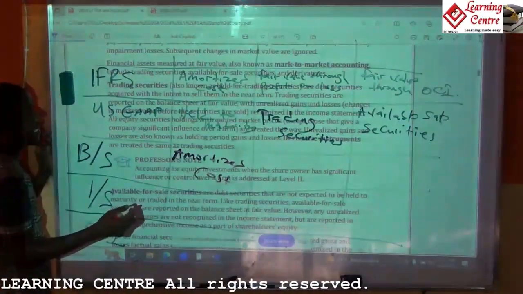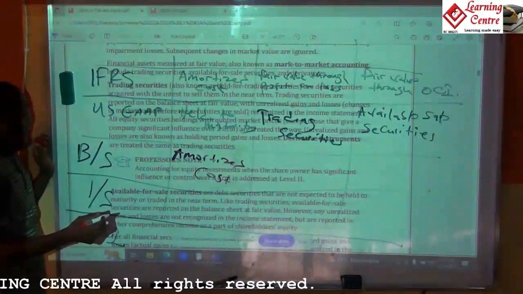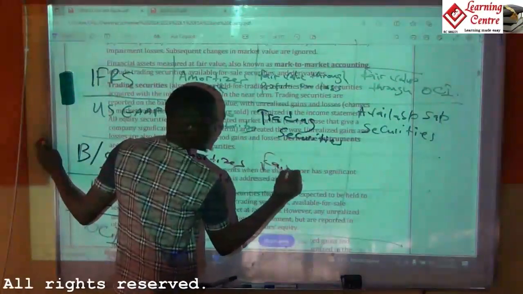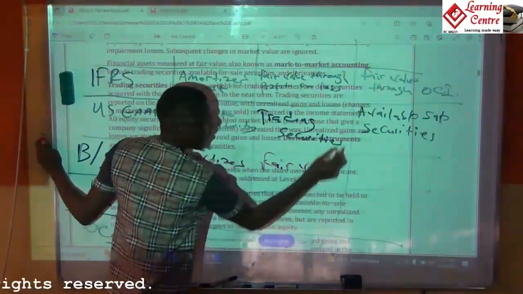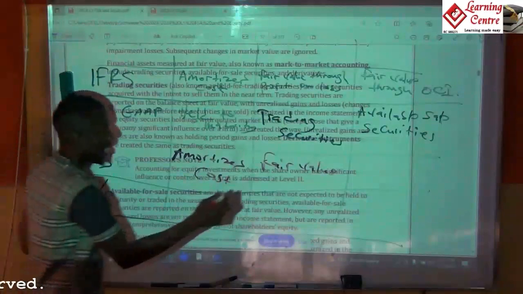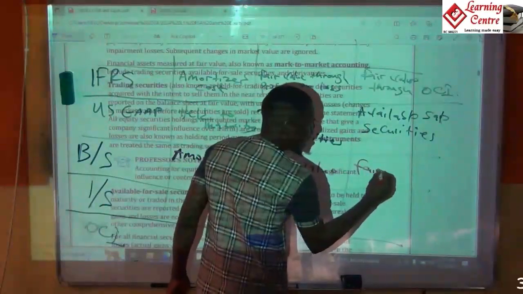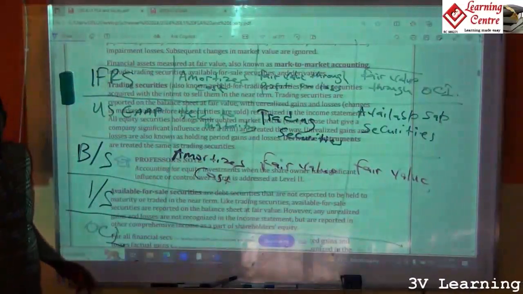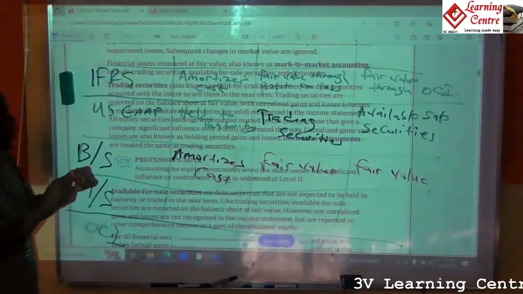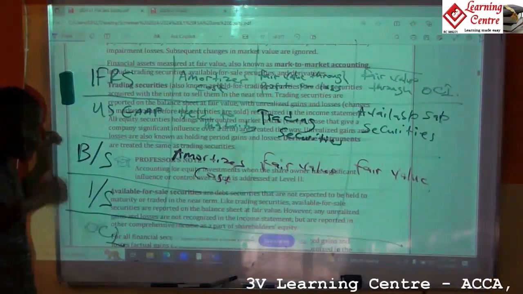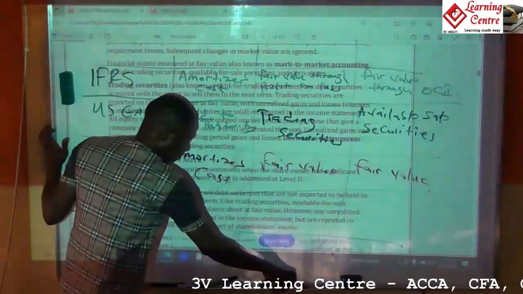Likewise, how would you treat fair value through profit or loss? It is treated as fair value. How would you treat fair value through OCI? It is treated as fair value. So use the IFRS classification, then you are fine. Do you understand? But US GAAP calls it held to maturity, trading securities, and available for sale securities.